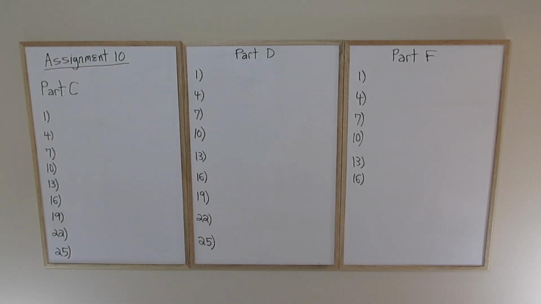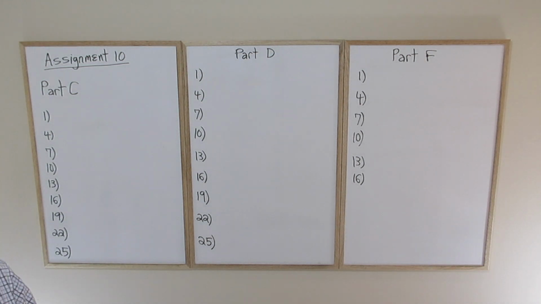Having acquainted ourselves with this new symbolic language, the language of predicate logic or quantificational logic, we can now move on to get some experience symbolizing English sentences into this new symbolic language.